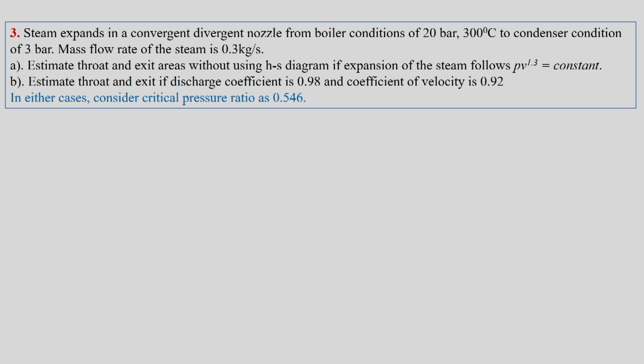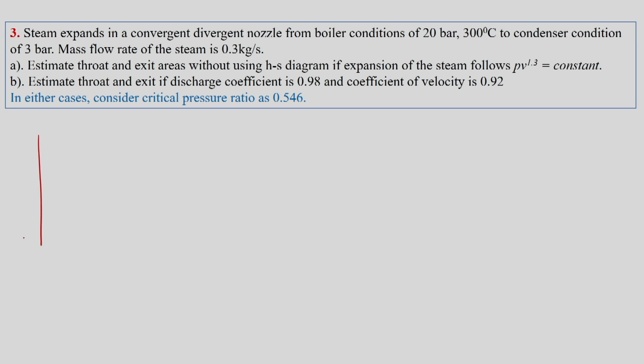Estimate throat and exit areas without using the HS diagram if expansion of the steam follows PV raised to 1.3 is equal to constant. Also estimate throat and exit areas if the discharge coefficient is 0.98 and the velocity coefficient is 0.92. In either case, consider critical pressure ratio as 0.546.